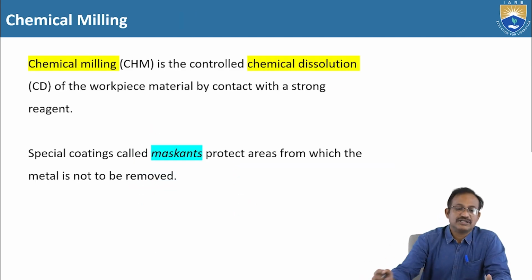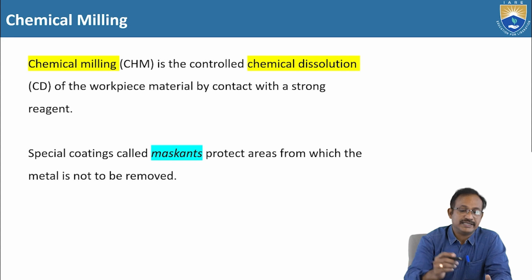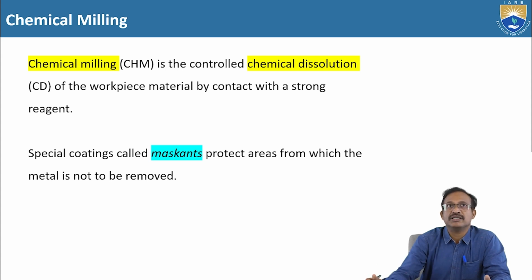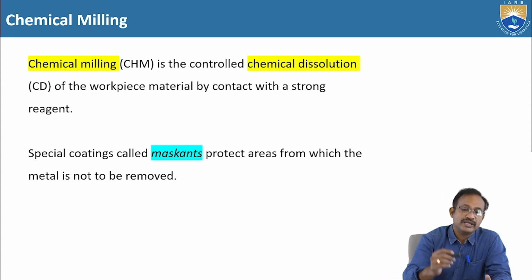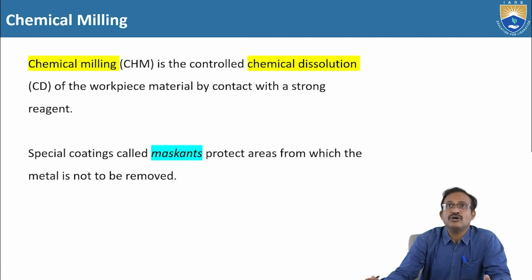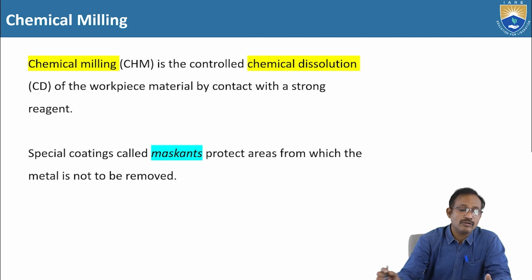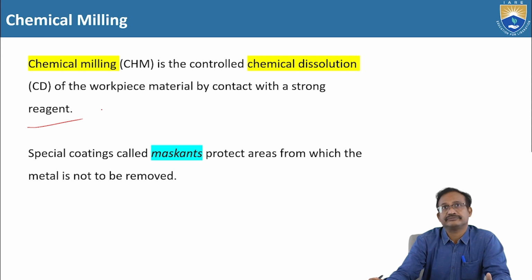The first one is chemical milling, CHM in short. Chemical milling is the controlled chemical dissolution, CD, of the workpiece material by contacting with a strong reagent.